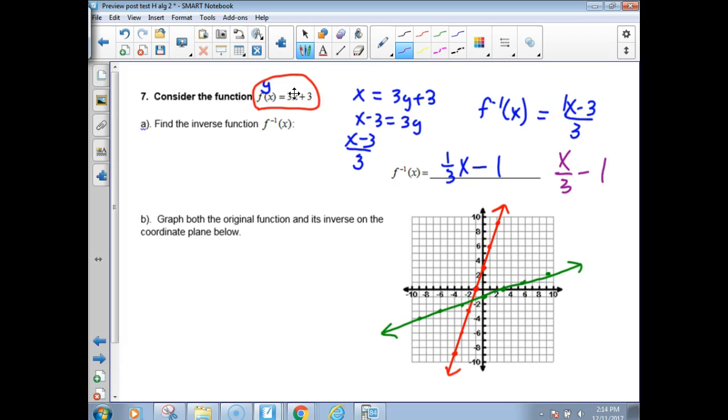So if I look at the original, here's another way to get the graph though, guys. I have points already on the red graph of 0, 3. So if you actually had written down some of the points on this graph, like 0, 3, negative 1, 0, 2, 9, you can go and take those and flop them for the inverse by just reversing the x and the y, switching the x and the y.